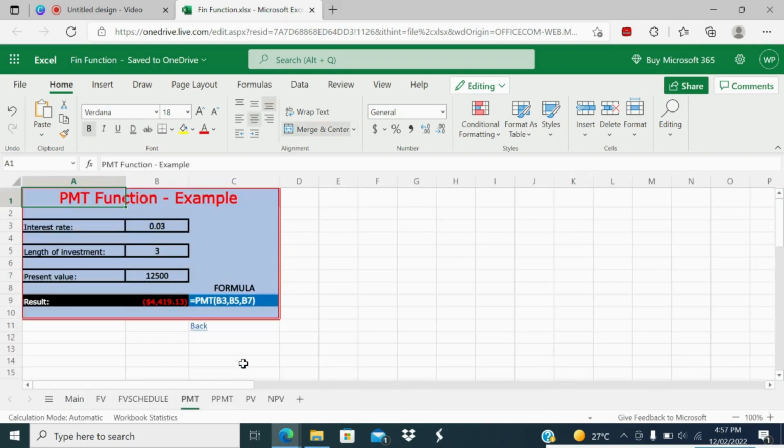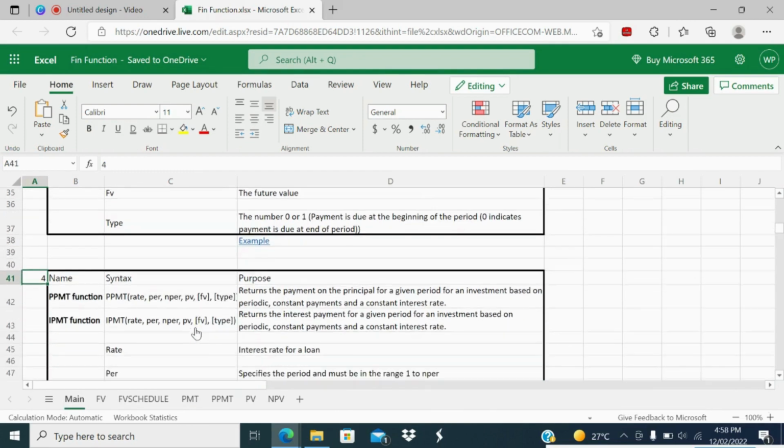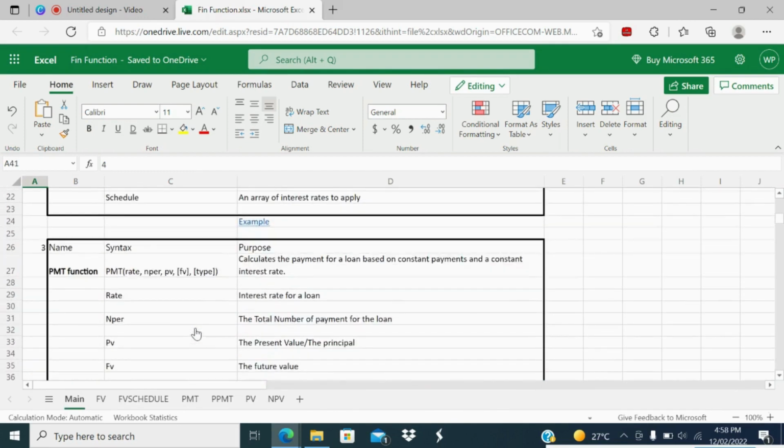Okay, I have interest rate, I have length of investment 3 years. Let me take interest rate 2% and length of investment 4 years. Okay, and I will change the investment to 15,000. So what the Pmt function says, calculates the payment for a loan based on the constant payments and a constant interest rate.